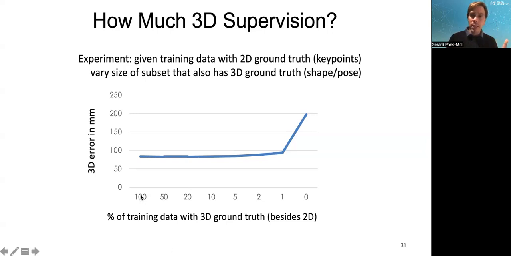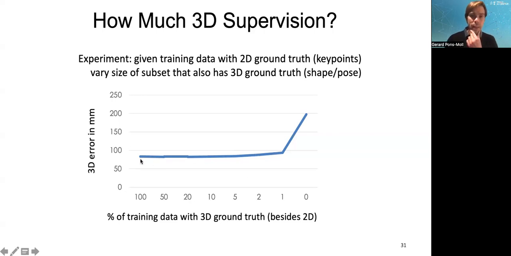Let me repeat: 100% means that all data has 3D annotations. 50% means that 50% of the data has only 2D annotations. 5% means that 95% of the data has only 2D annotations, and 5% has 3D annotation. So this x-axis tells you the amount of data that has 3D annotation.